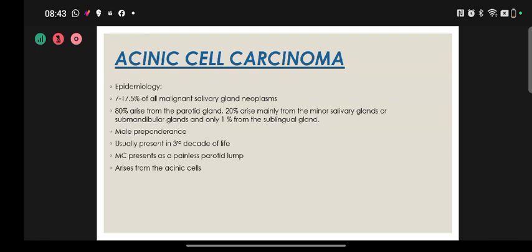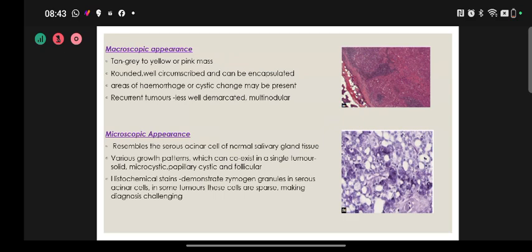It most commonly presents as a painless parotid mass and arises from the acinic cells. Now, on macroscopy, it is a tan gray to yellow or pink mass, rounded, well circumscribed, can be encapsulated. Areas of hemorrhage or cystic change may be present. Recurrent tumors are less well demarcated and they may be multinodular.